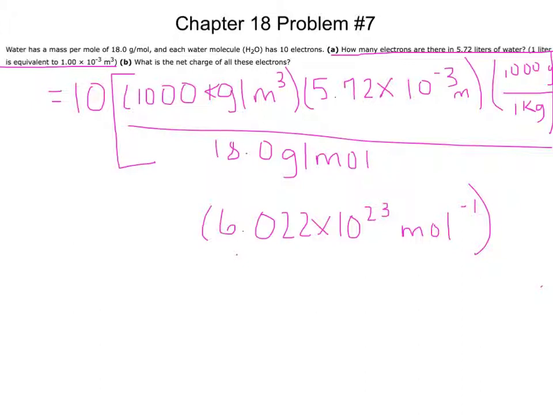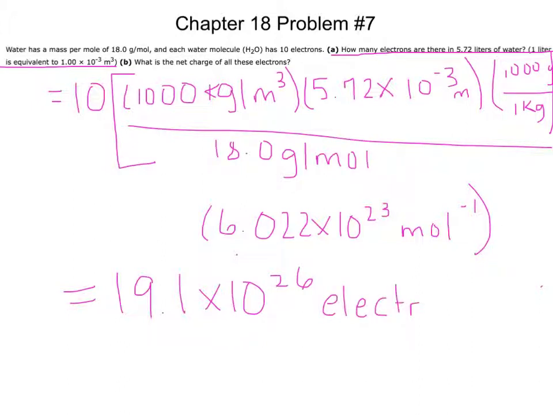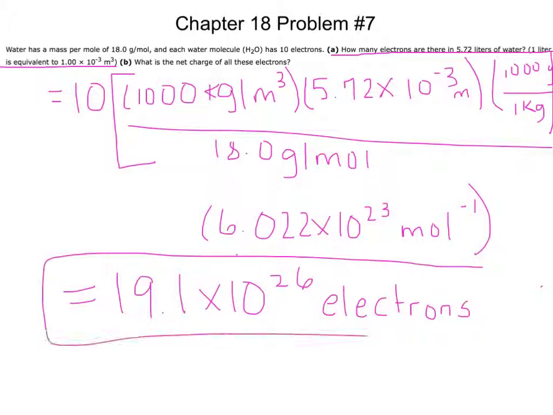So you plug this into the calculator, and your answer would end up being 19.1 times 10 to the 26 electrons. So this is just answering part A, and you're going to need this for part B.